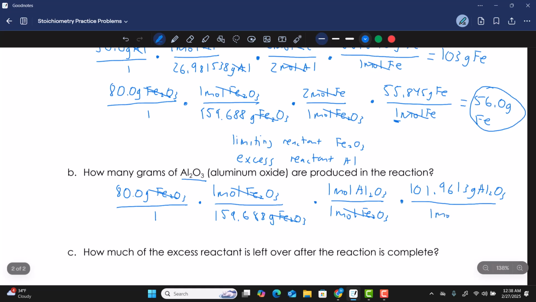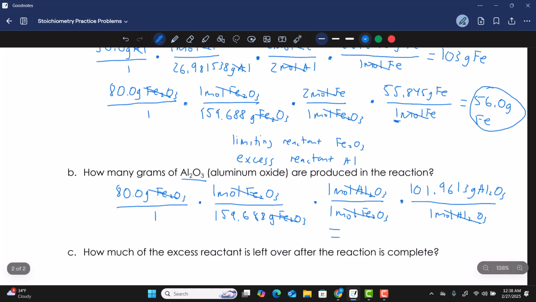Over 1 mole of Al2O3 so that the moles can cancel. And that would equal the grams of Al2O3, which is what we want.